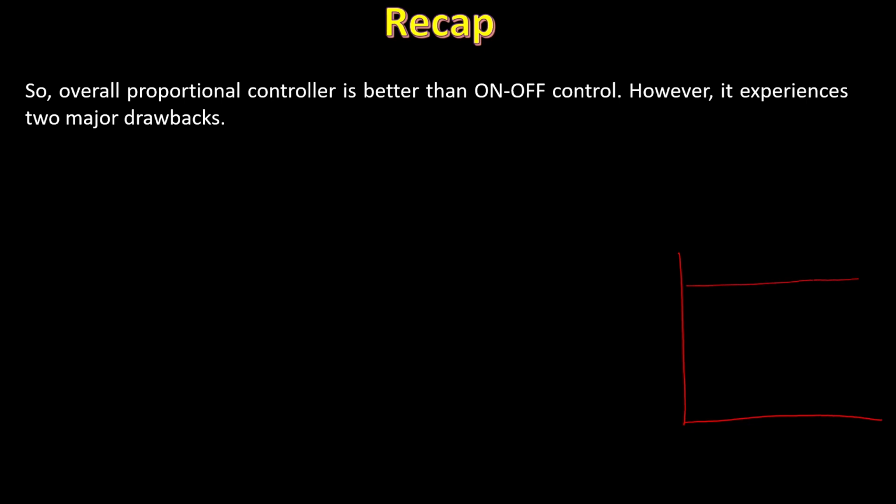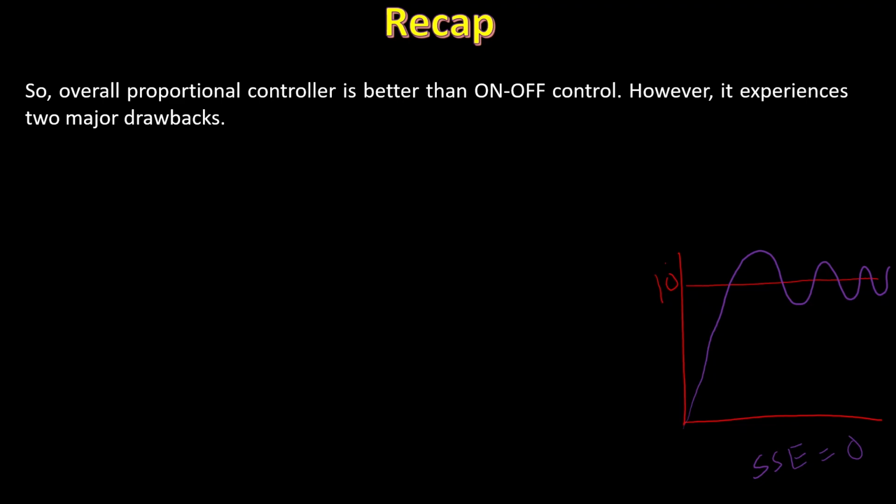Suppose this is our desired output level, that means 10. If I employ an on-off controller, then the output will keep fluctuating and never settle down to a steady state. So the steady state error can never become zero. That is the major problem with this on-off controller.